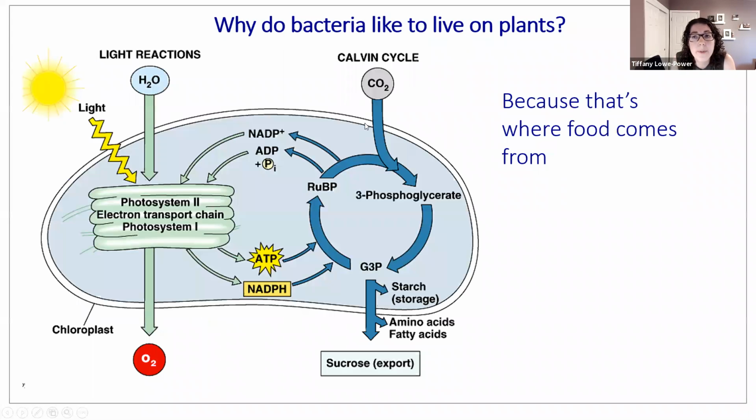Okay, so why do bacteria like to live on plants? At a simple level, plants are full of food. Just like most eukaryotic hosts are full of lots of tasty metabolites that bacteria would like to eat. Plants are able to undergo photosynthesis and turn carbon dioxide into sugar.